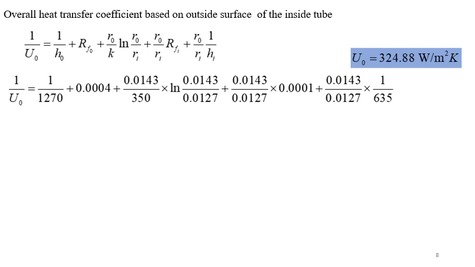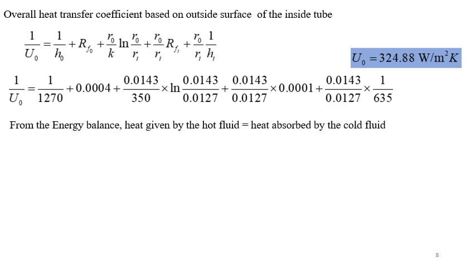Once you calculate U naught, the next thing is we have to calculate the unknown temperature Th naught. How? By energy balance. We know that the amount of heat given by the hot fluid is equal to the amount of heat absorbed by the cold fluid. So QH is equal to QC, which is equal to mH CpH into (THi minus TH naught) is equal to mC CpC into (TC naught minus TCi).